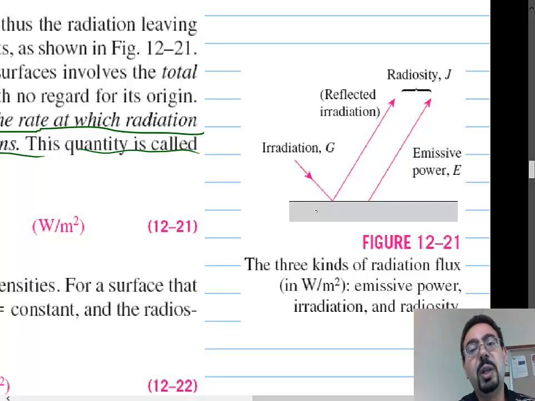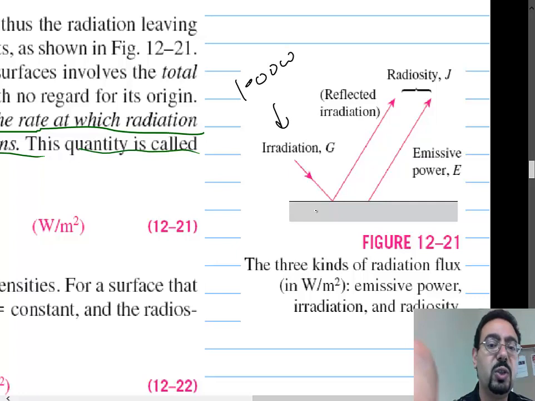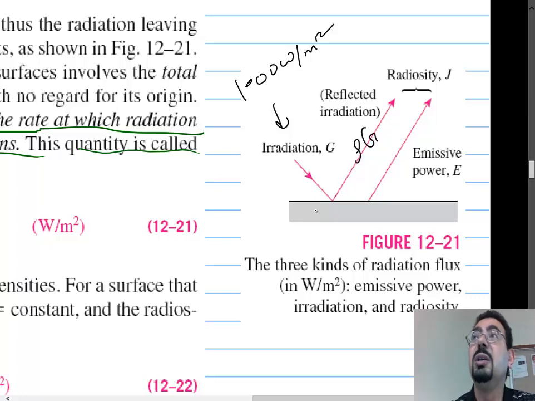So some of that G will get reflected. How much will be reflected? If G is, say, 1000 watt per meter square, how much will be reflected? Anyone? Rho G, right?